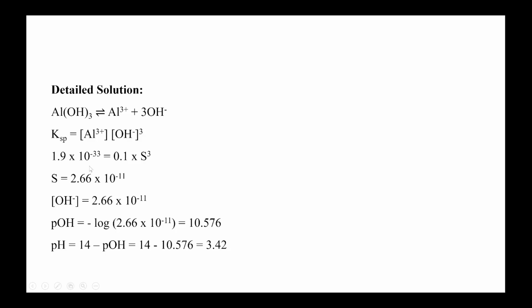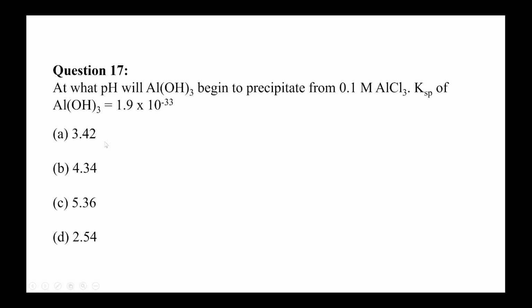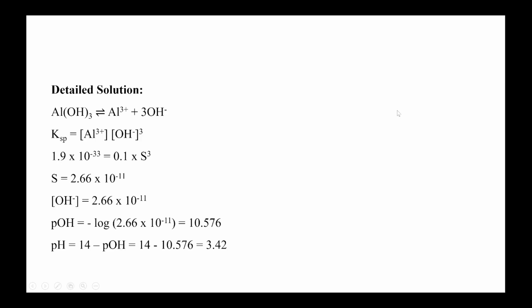So the value of Ksp is already given. Value of Al3+ is already given in the form of the concentration of AlCl3. In AlCl3, it will dissociate into Al3+ and 3Cl-. So whatever the concentration of AlCl3 would be, it is the same as the concentration of Al3+ ions.